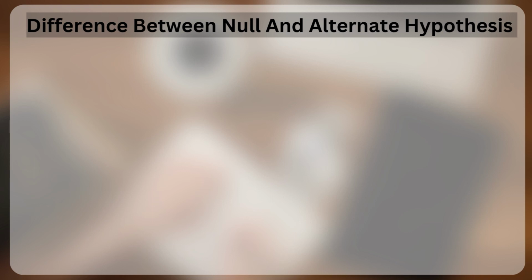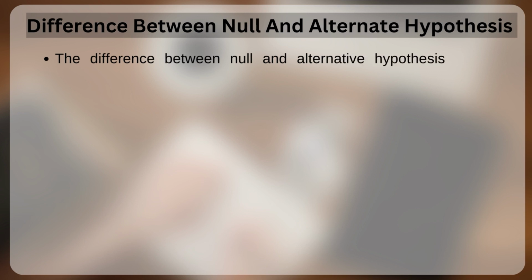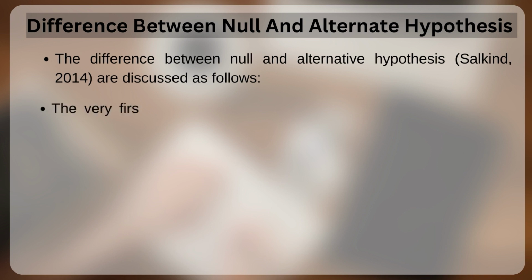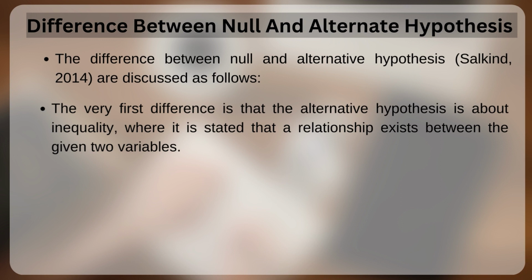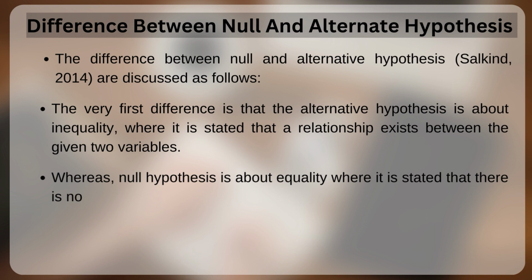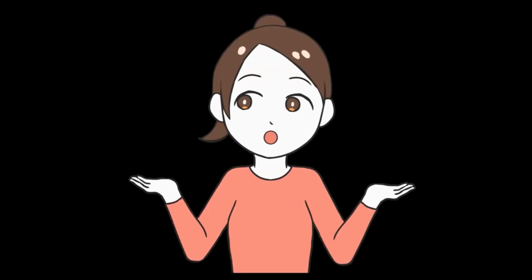The very first difference observed is that the alternate hypothesis is about inequality, where it is stated that a relationship exists between the given two variables. Suppose you are measuring a trait like attitude and you have taken two groups. If it is an alternate hypothesis, it means the two groups taken for the study are different in terms of their attitude. So it means there is inequality between the two groups.